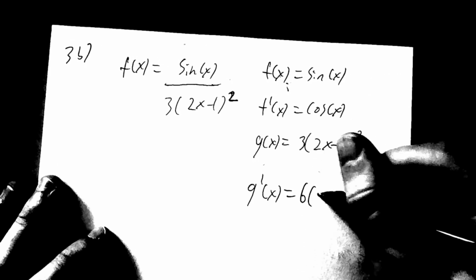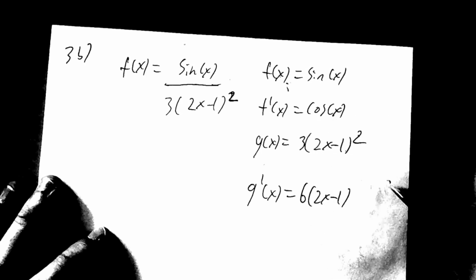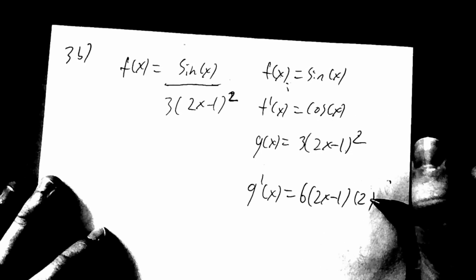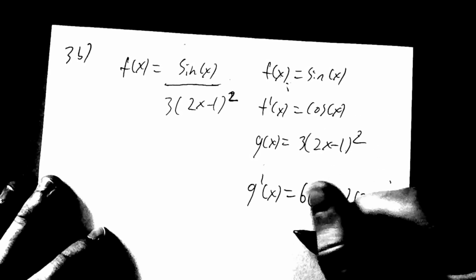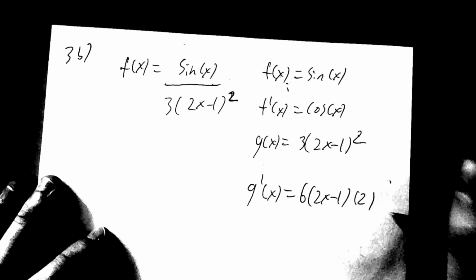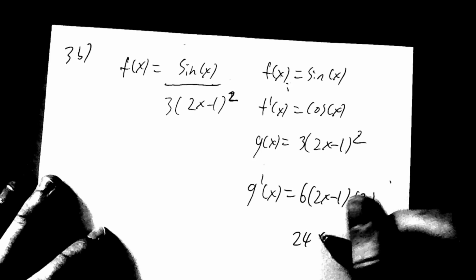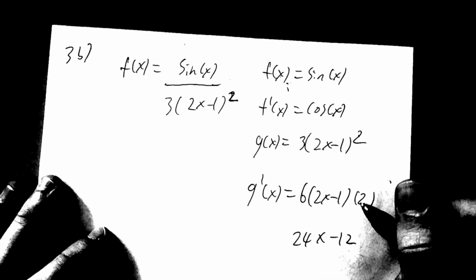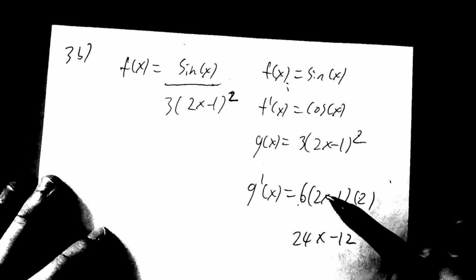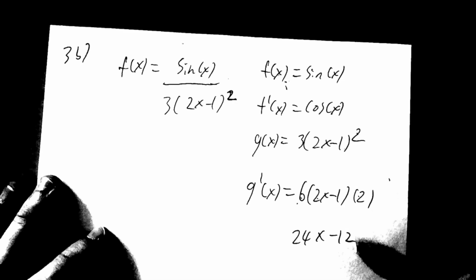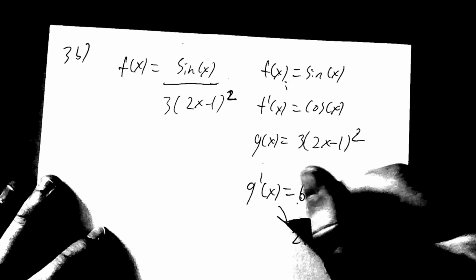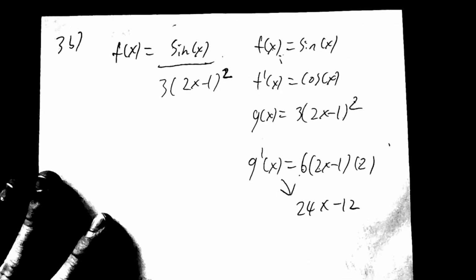That's 6 times (2x minus 1) times the derivative of the inside. That's a 2. I'm just going to simplify this to make it easier because it's really easy. 2 times 6 is 12, 12 times 2 is 24, so that's 24x, 12 times negative 1 is negative 12, so minus 12. So that's g of x right here. Derivative of g of x.